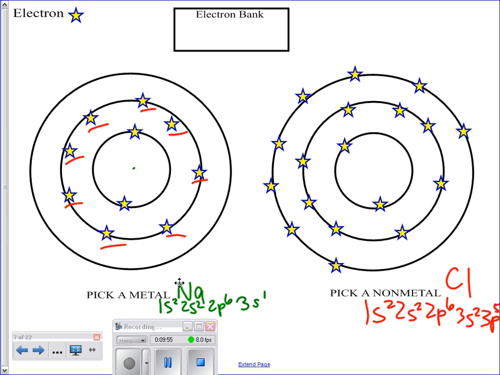Now it's lost an electron, so I make sodium with a +1 charge. And here, chlorine had 1, 2, 3, 4, 5, 6, 7 in its outer shell to begin with. It gained 1 electron, so now it has 8 valence electrons. It's now happy, and because it gained an electron, it gives it an overall -1 charge. And from that, I make NaCl.